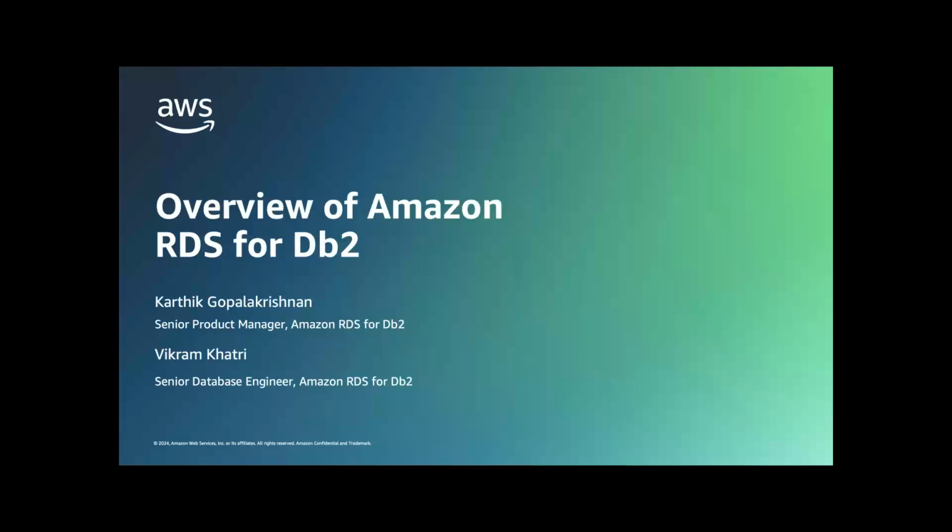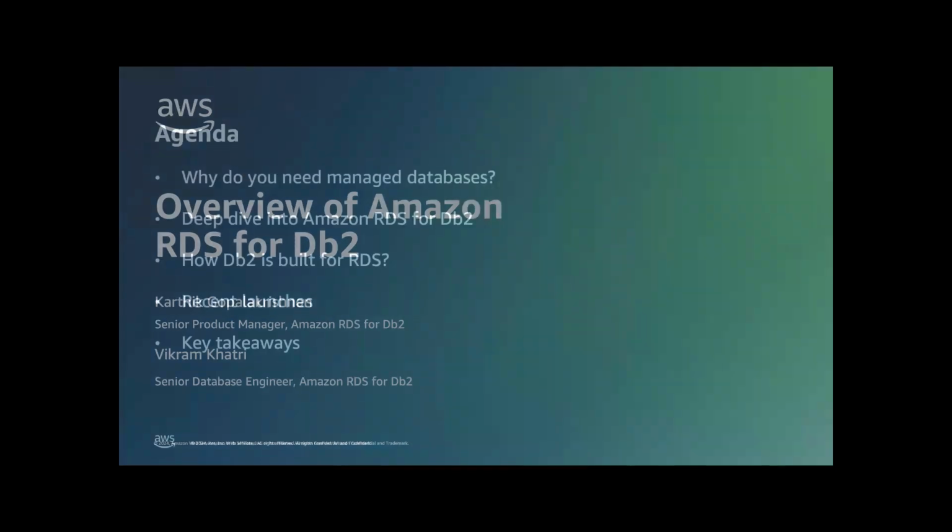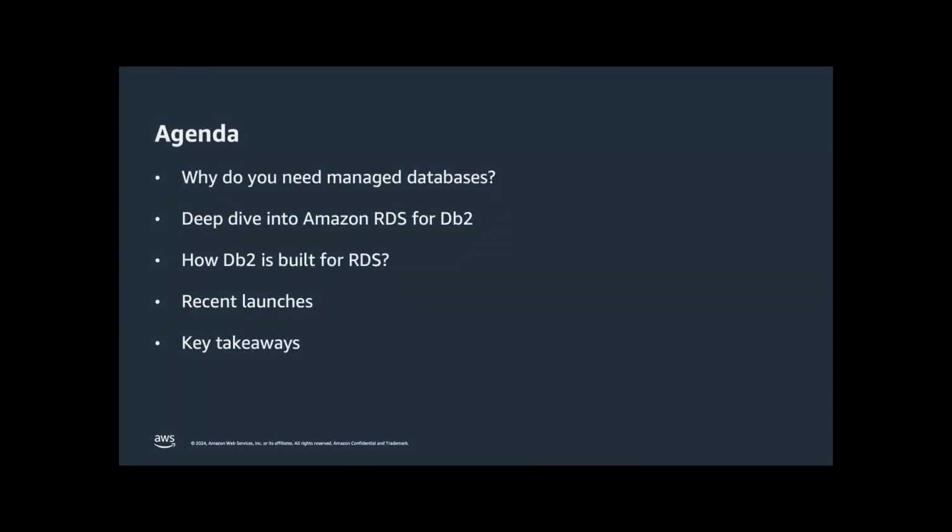Cool. So in this session for Amazon RDS for DB2, we would like to talk about a few topics. We'd like to first talk about what RDS is, and then, seeing the poll results, many of you are not using RDS, so it's a good opportunity for us to start from the foundations. Then we'll talk about why you need a managed database.